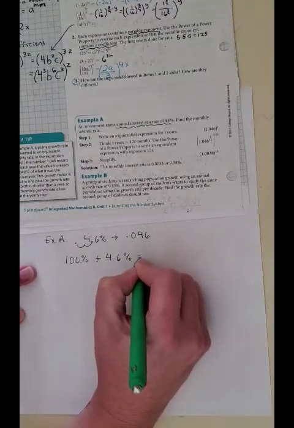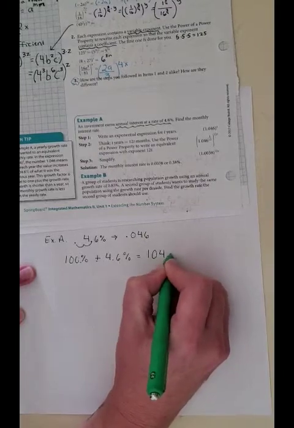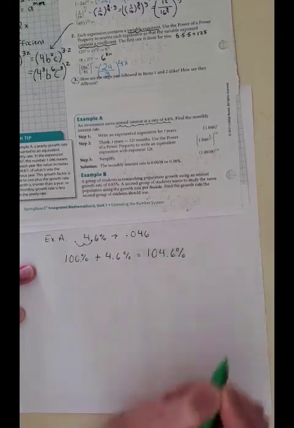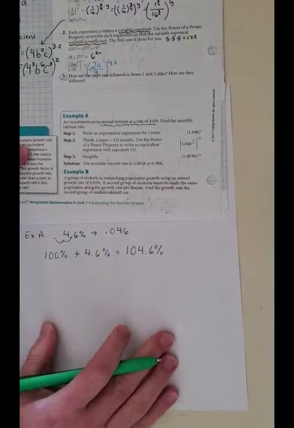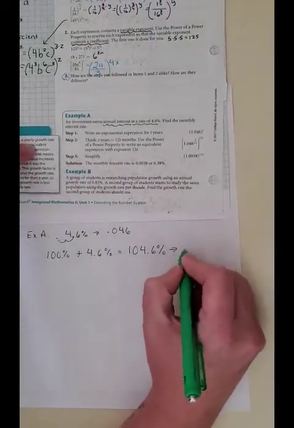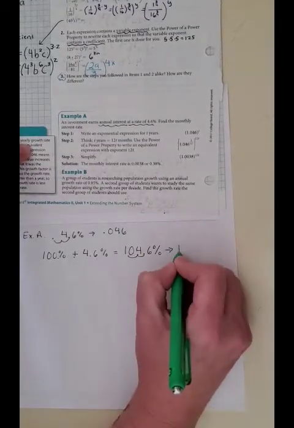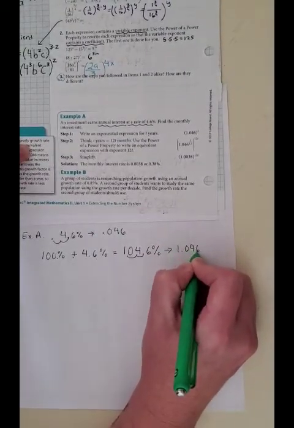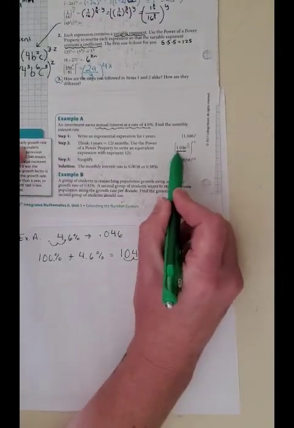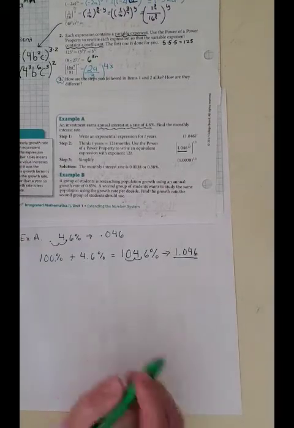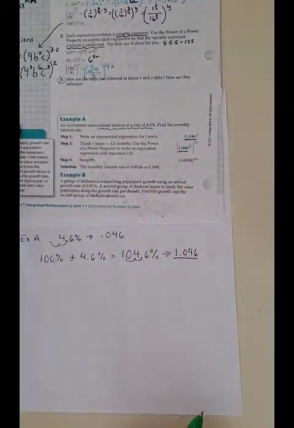So this is going to be 104.6%, which, if we change this back into a decimal, we move the decimal place 2 times, 1.046. And that is my base. That is where this 1.046 came from.